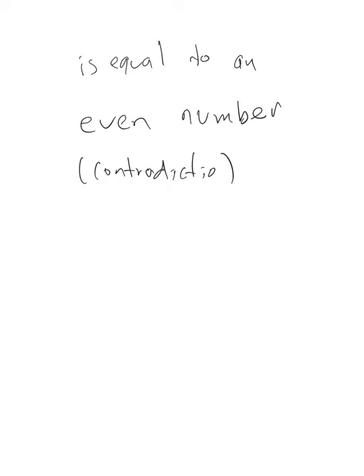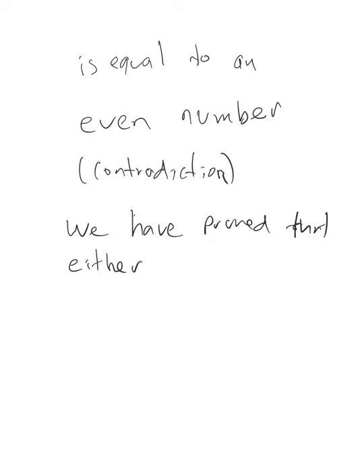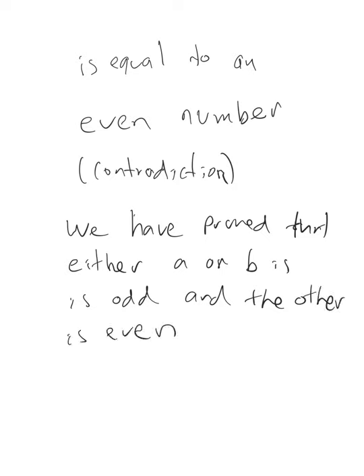So we arrived at a contradiction when we assume that A and B are both even and when A and B are both odd. So we have proved that either A or B is odd and the other is even.